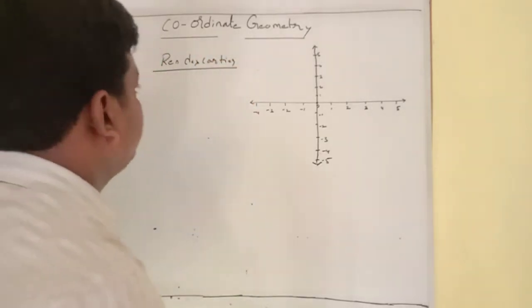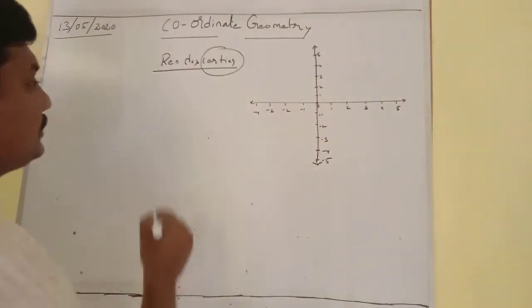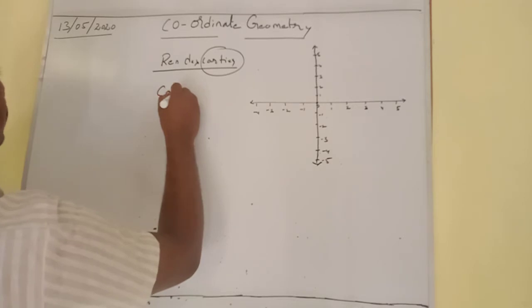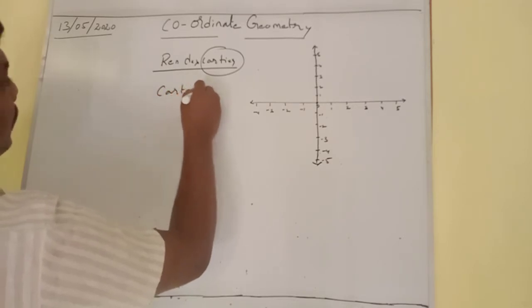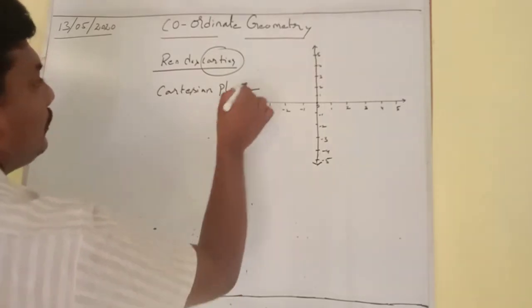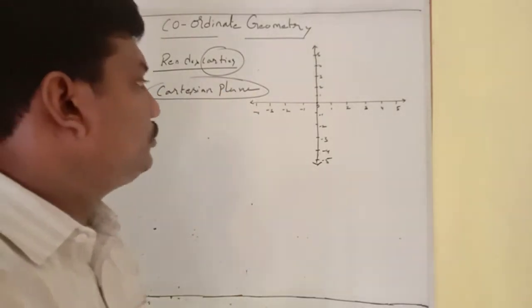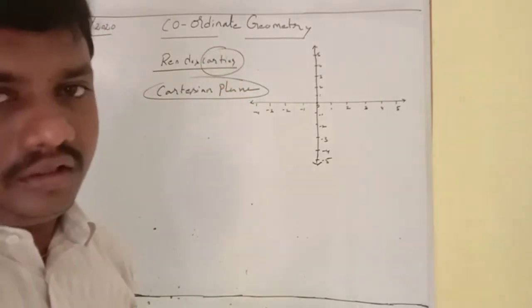According to his name, this plane is called the Cartesian plane.